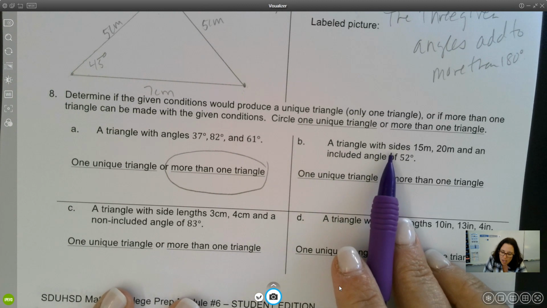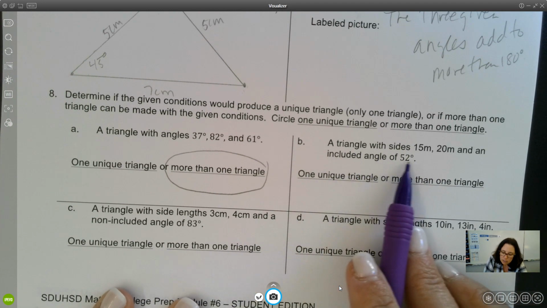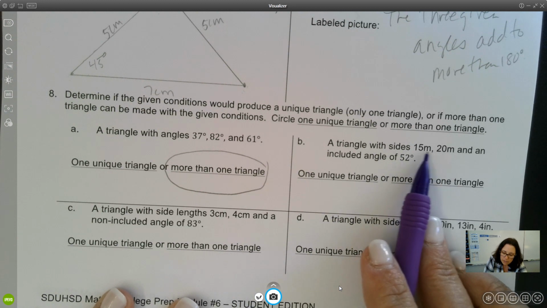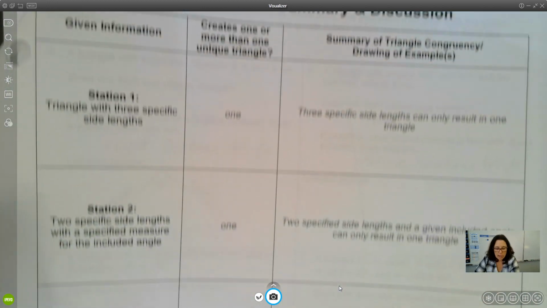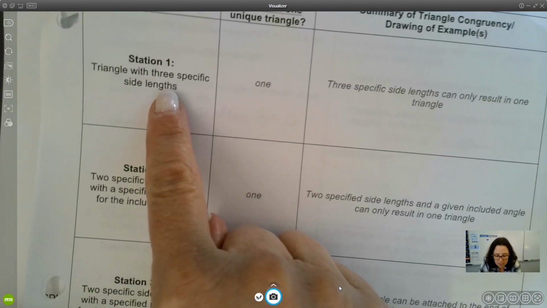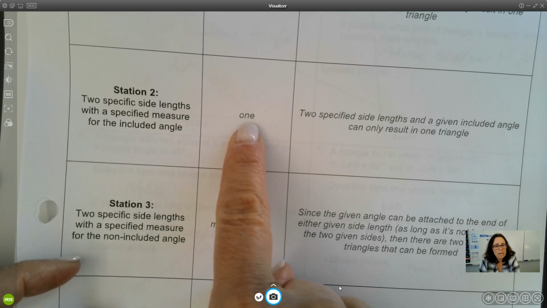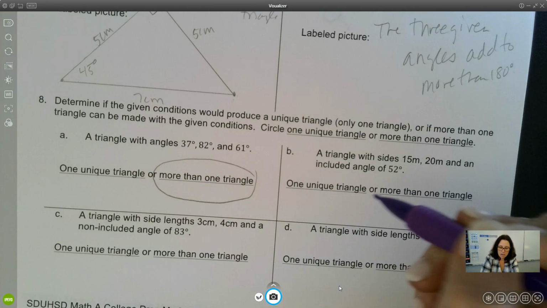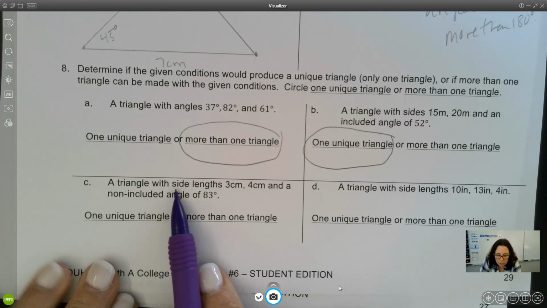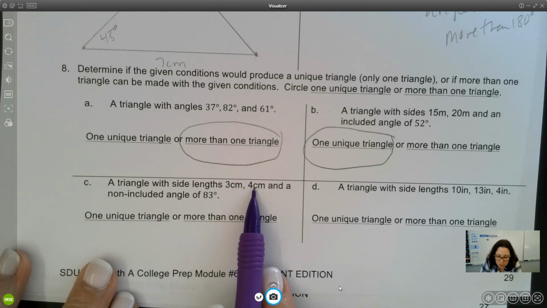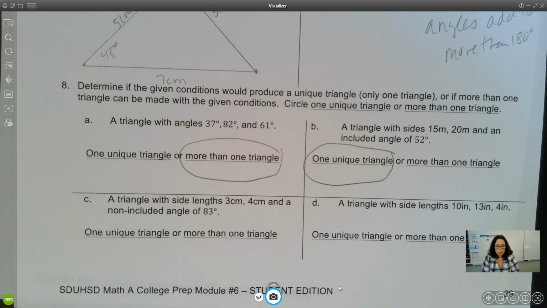A triangle with sides 15 meters, 20 meters, and an included angle of 52 degrees. Okay, so 2 given sides and an included angle. 2 given sides and an included angle right here. 1. A triangle with side lengths 3 centimeters, 4 centimeters, and a non-included angle of 83 degrees.